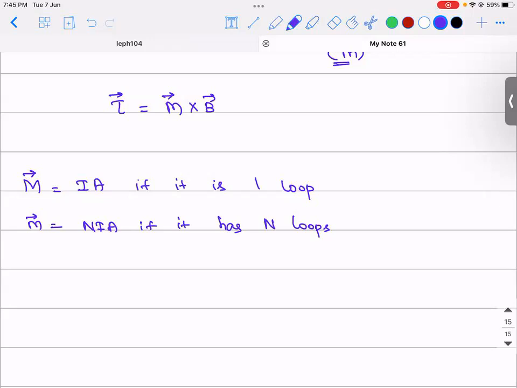Okay, then that loop will not be anymore a loop, it will become a coil. So what I'm trying to tell you from here is current carrying coils act as magnetic dipoles.